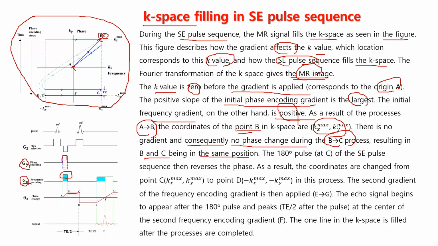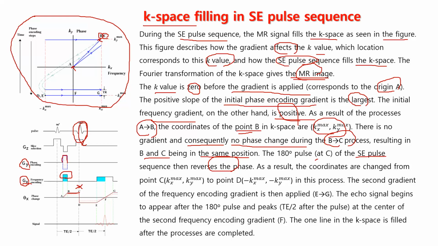Now the 180-degree pulse at C of the spin echo pulse sequence then reverses the phase. So the 180-degree pulse is applied at this position C, and then the phases completely change their signs.